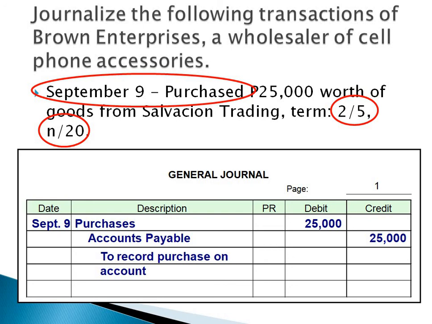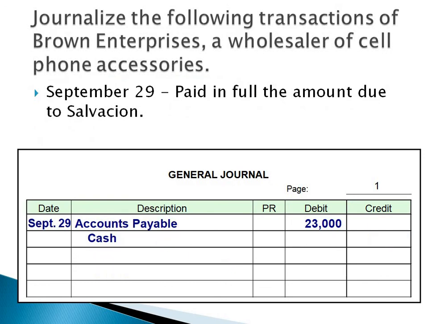Was Brown able to pay on or before September 14? No, because Brown paid only on September 29. That means we must not record a purchase discount here. That also means the amount paid by Brown and the amount of credit to cash here must be this entire 23,000 worth of accounts payable.